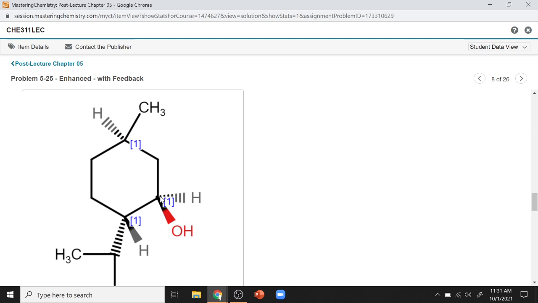Again, here, because we have that different group on here, that makes this entire thing have asymmetric groups. If this had been a mirror image, and did not have anything over here, you'd have a plane through the whole thing. It all would be achiral or symmetric.